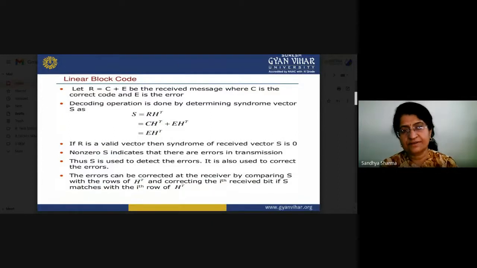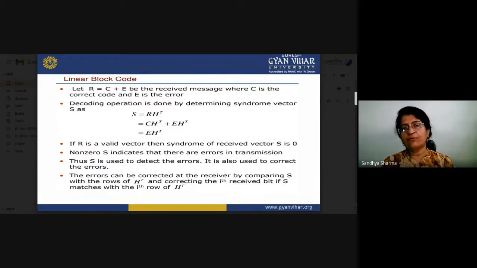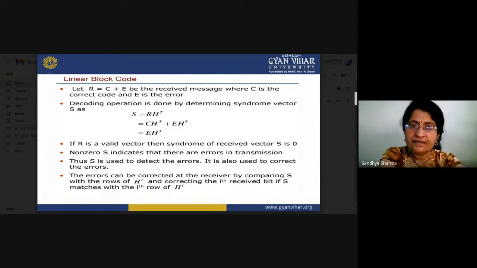Now at the receiver section, what will happen? Before taking numerical values, we will first see. Let's suppose the received word R is equal to C, the code word, plus E, the error vector. So first of all, whatever code word is transmitted at the transmitting station, some error may be added in additive form.